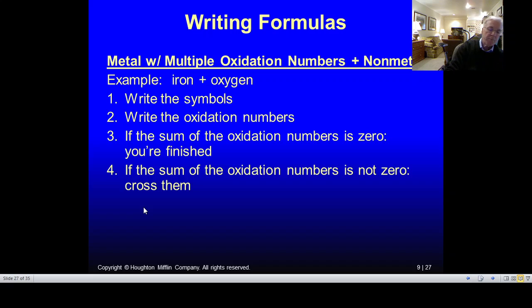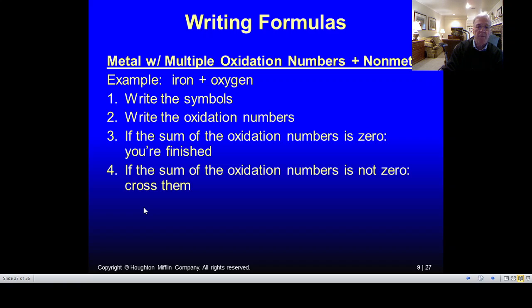Now, I'm not going to spend much time on that because we will more than likely use the Roman numeral way of naming compounds when the metal has more than one oxidation number, because that's a systematic way. It gives us more information and it's not so antiquated. But you'll see that from time to time where you have the ending of the metal, and that's OUS or IC, and OUS just means to use the lower oxidation number and IC means to use the higher oxidation number.